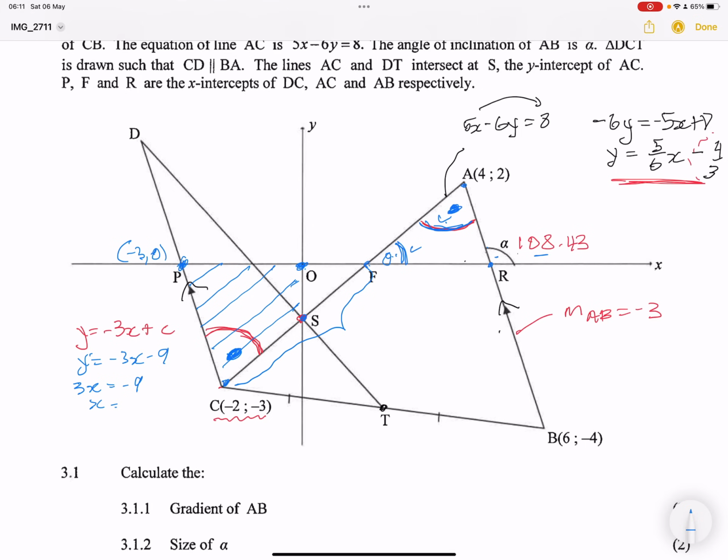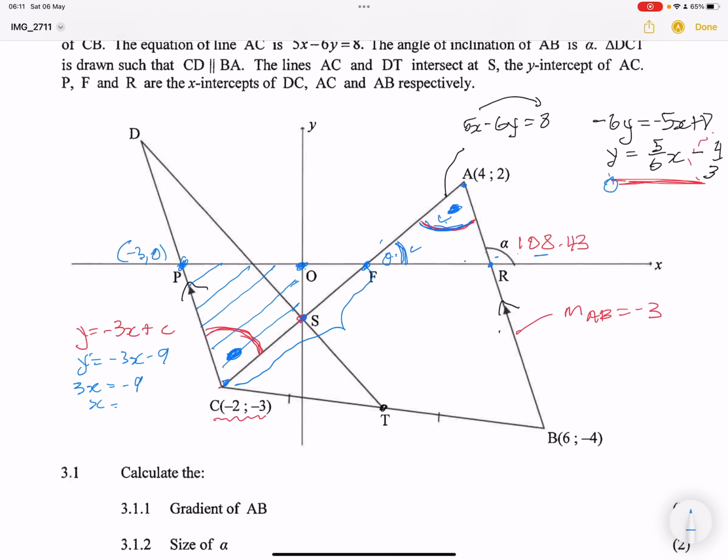Remember the coordinate of F in this case? I don't think we found the coordinates of F. To find the coordinates of F, all we need to do is find the x-intercept. So I'm going to make y equal to 0.